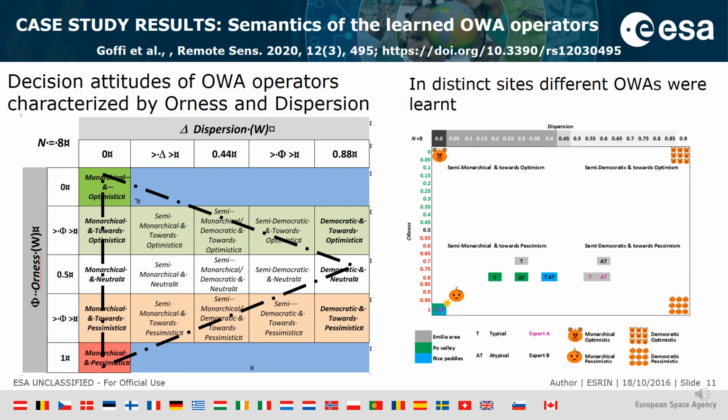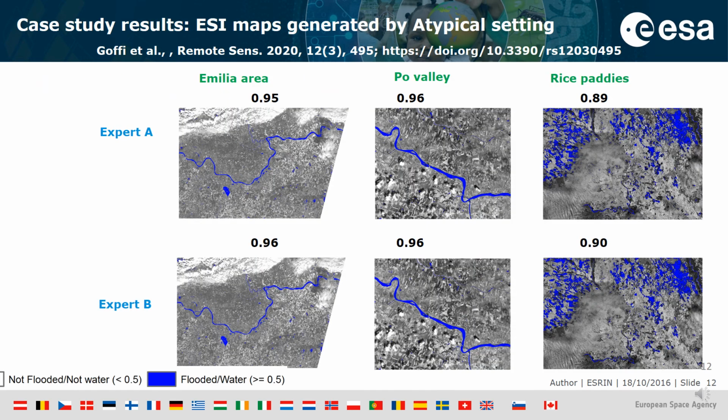This means that in this area, in order to better detect the standing water, we need a more synergic aggregation of the models with respect to the other areas, in which we can also use a monarchical aggregation, meaning that we can consider the mapping of the most pessimistic, thus minimizing the false negatives.